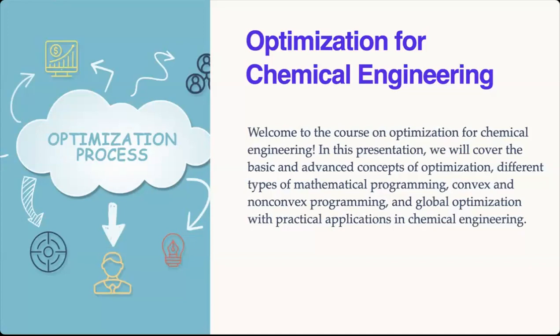Also, convex and non-convex programming is actually a convex optimization problem. So you can replace the words mathematical programming with optimization problem. Is it the same thing? And we extend the course to cover global optimization, okay, and practical applications in chemical engineering.